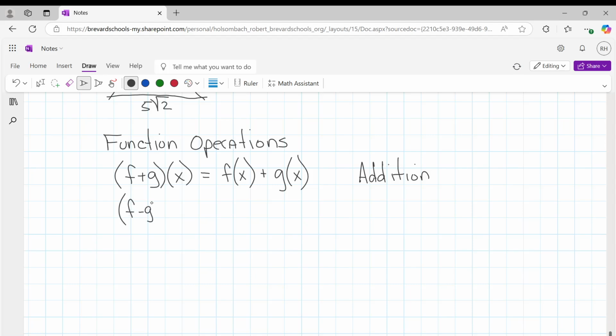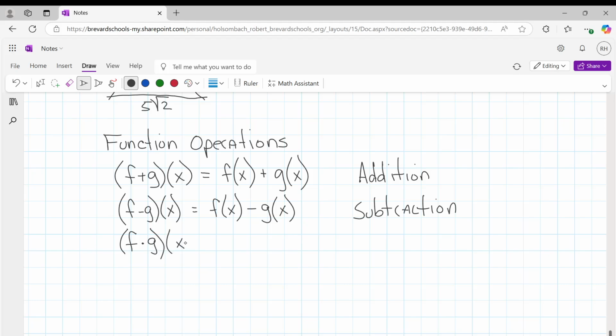f minus g of x is equal to f of x minus g of x. That's for subtraction. f times g of x is equal to f of x times g of x.